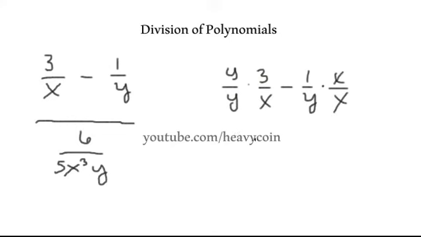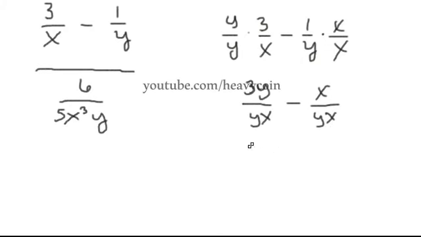Alright, so we'd end up having 3y over yx minus x over yx. As you can see, we have a common denominator, so we just add the numerators, so we end up with 3y minus x over yx.